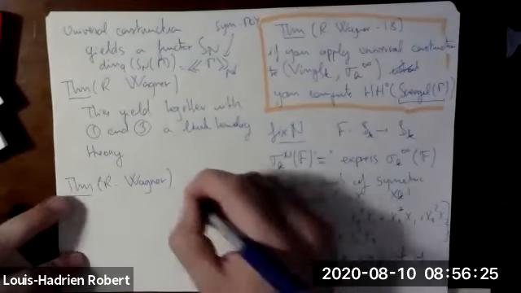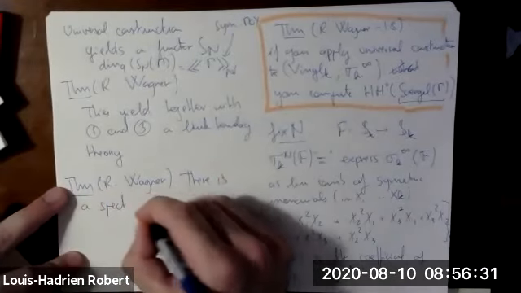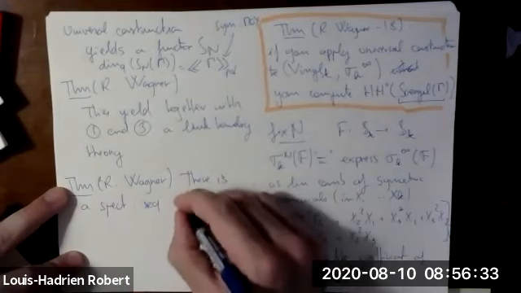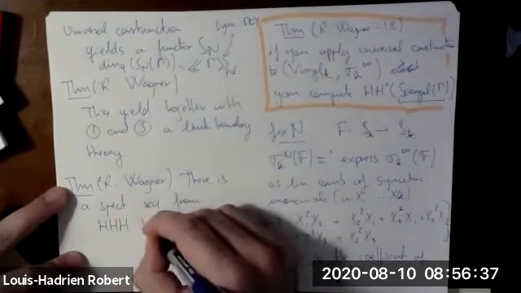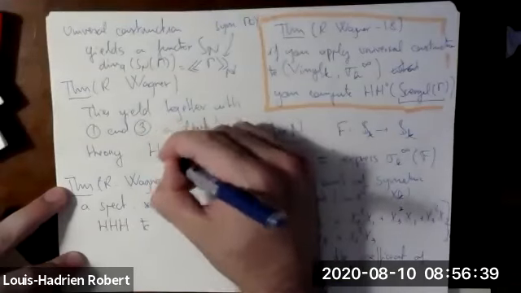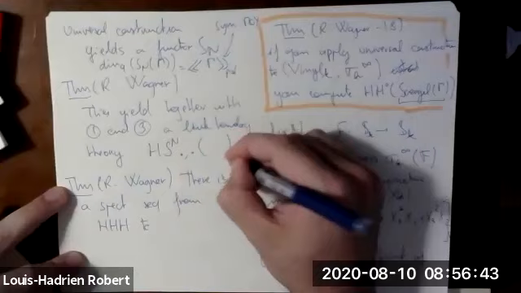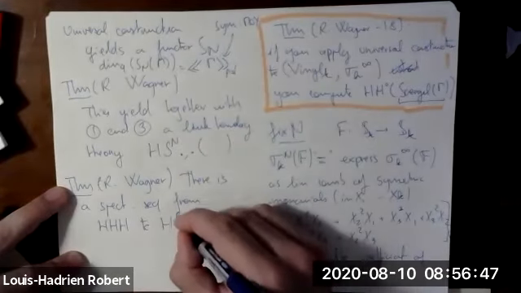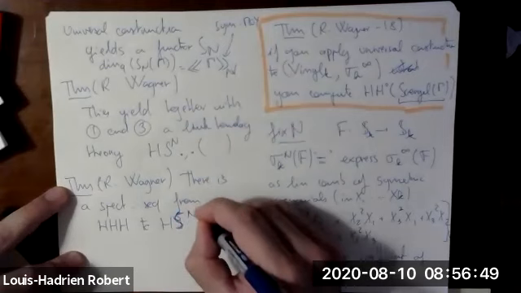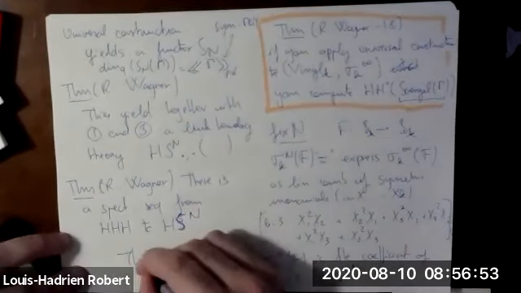There is a spectral sequence from HHH to HS. All right, and this is the end, so thank you.